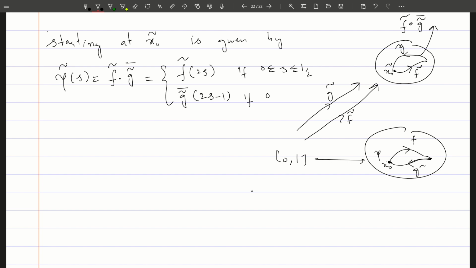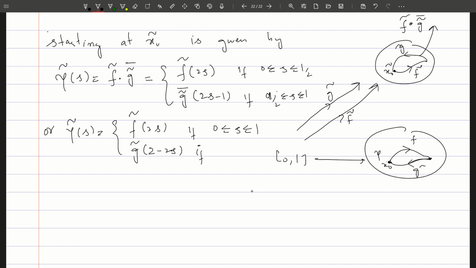So if s is between 0 and half, gamma tilde of s will be f tilde of 2s. If s is between half and 1, it is g tilde of 2 minus 2s.